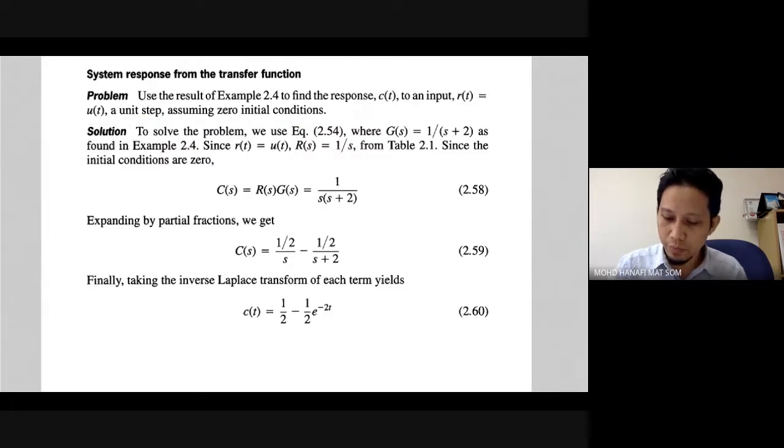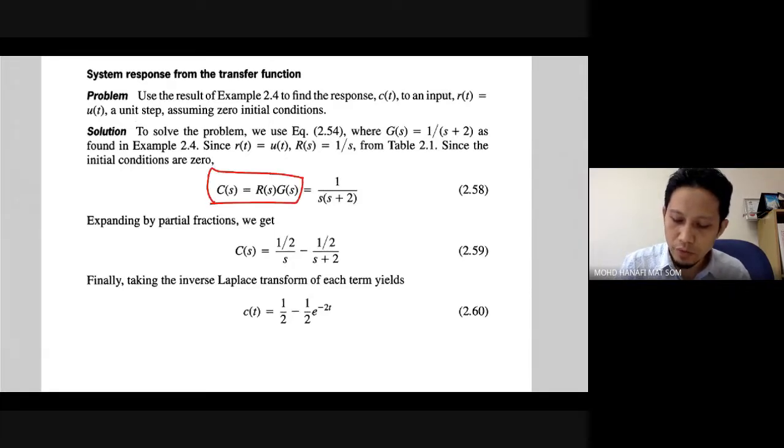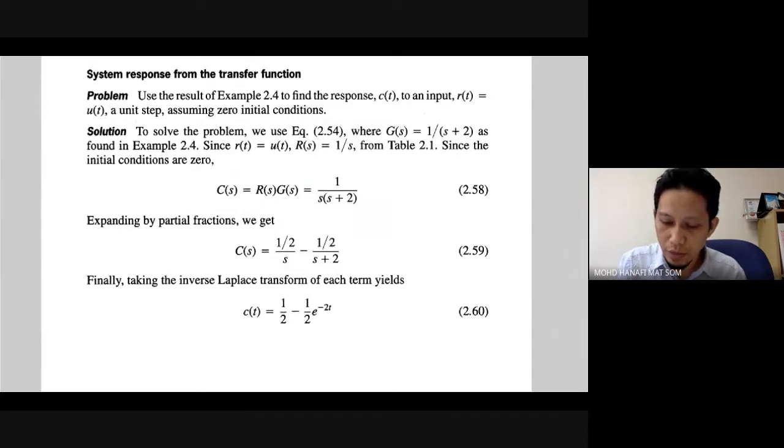In the previous example, you know that the output can be found by multiplying the input R(s) by G(s).